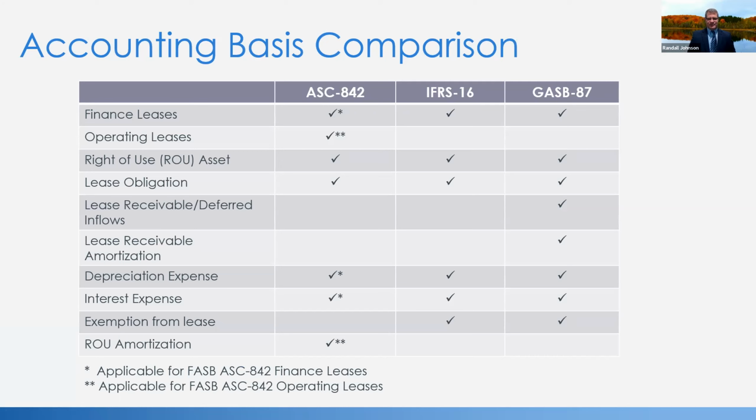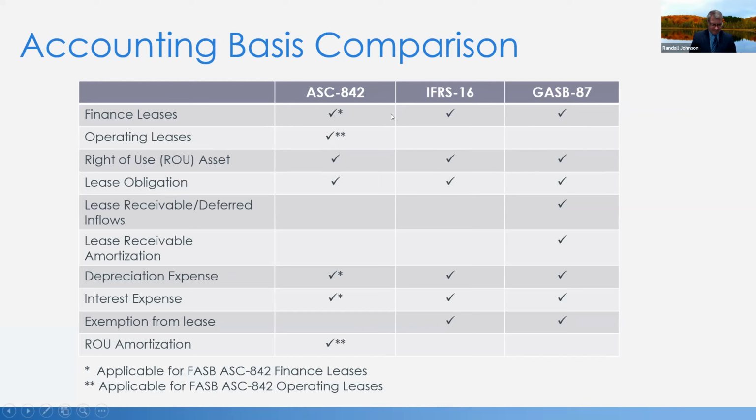Let's talk about PeopleSoft Lease Administration and what it addresses in the accounting basis comparison between ASC 842, IFRS 16, and GASB 87. Okay, as you can see, there's a number of factors that are in common.